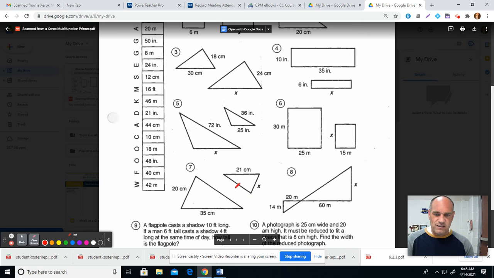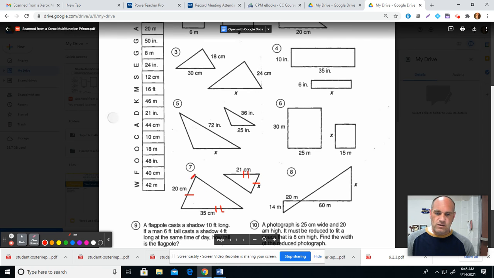If I rotate this way, I believe that this X is going to be sitting on this side right here, and this piece right here is going to be sitting here. So imagine that you cut this out and you turned it, it would be facing the same direction as this.